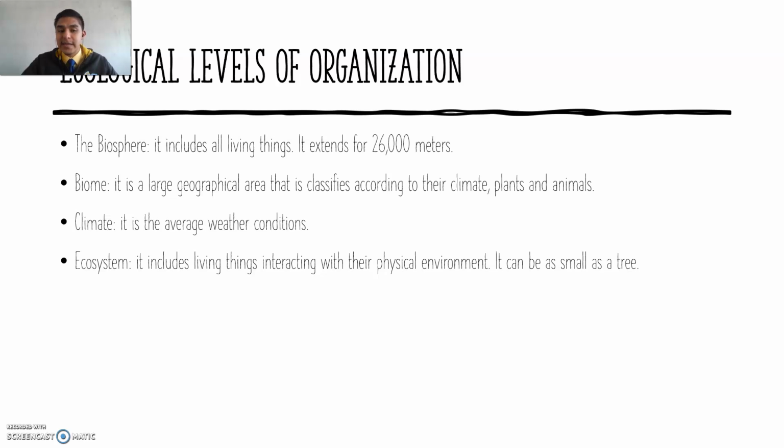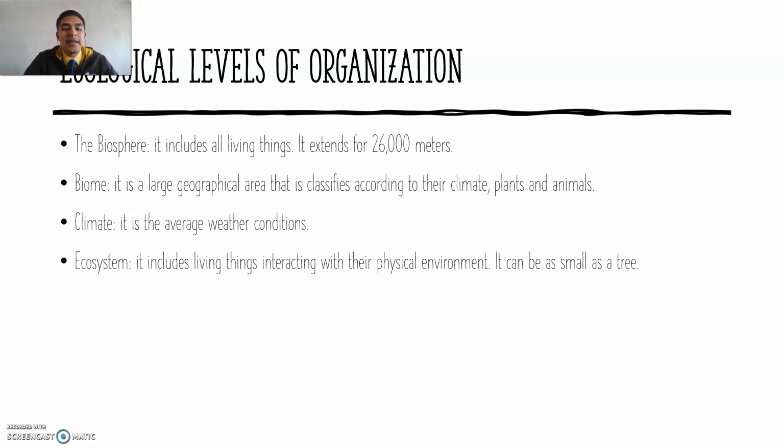We also have an ecosystem. It includes living things interacting with their physical environment. It can be as small as a tree. So, an ecosystem can be, for example, the forest of Petén.